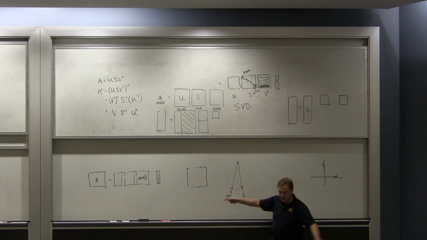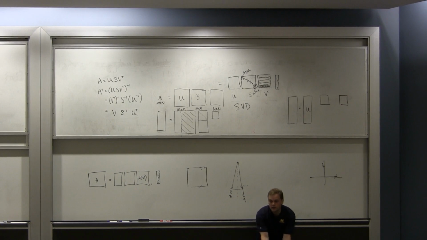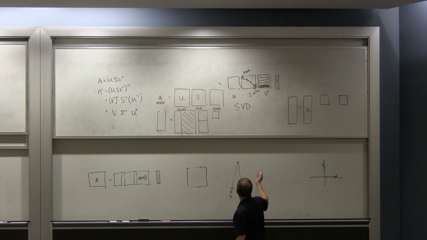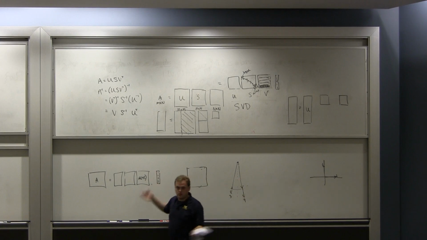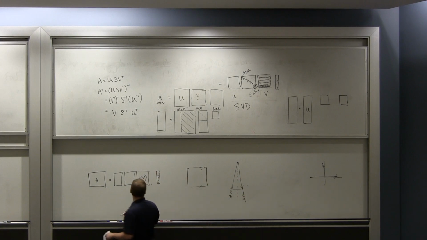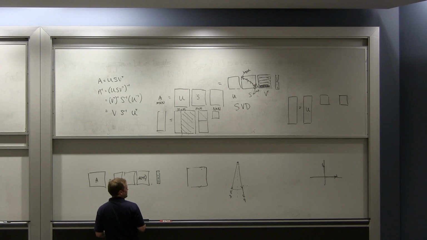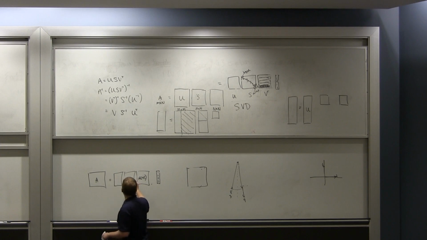As that gets bigger, these guys get closer and closer together. In this case, I don't know what that is. 6-ish. 6-ish in the y direction. So what I probably want is like a 3 here and a 0.5 here.